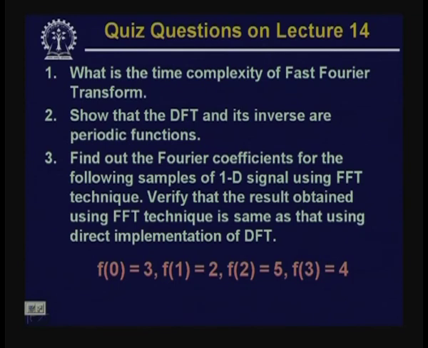The third question is: find out the Fourier coefficients for the following set of one-dimensional signals using the fast Fourier transformation technique, and verify that the result obtained using the fast Fourier transformation technique is the same as that using direct implementation of the discrete Fourier transformation technique.